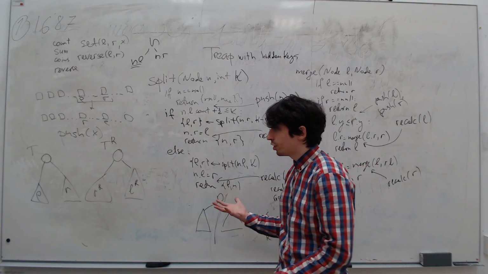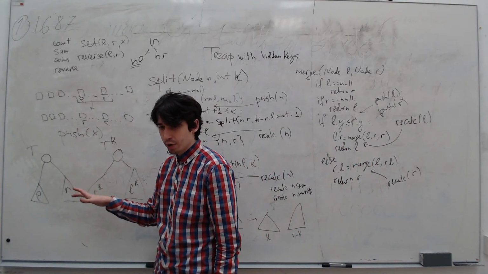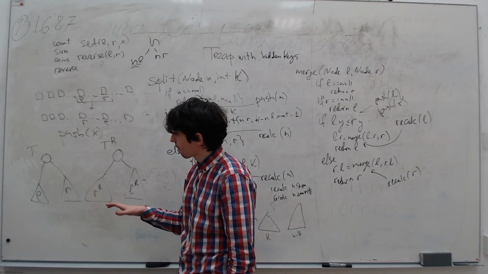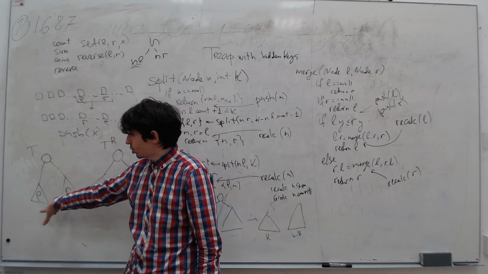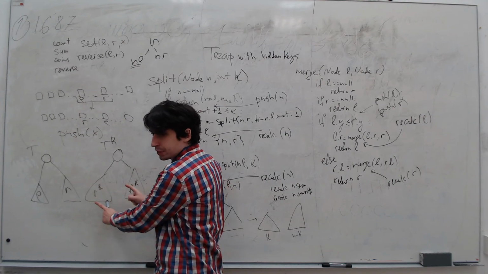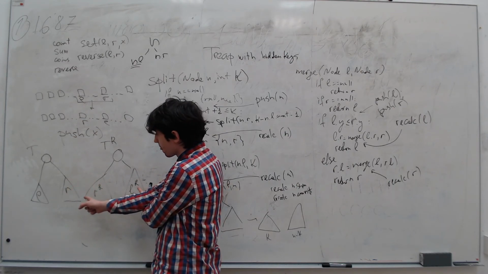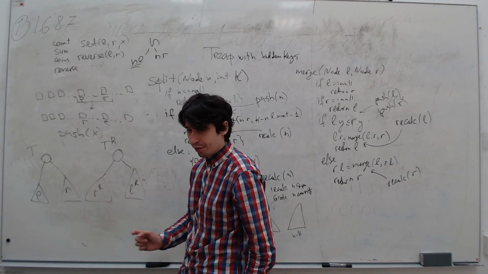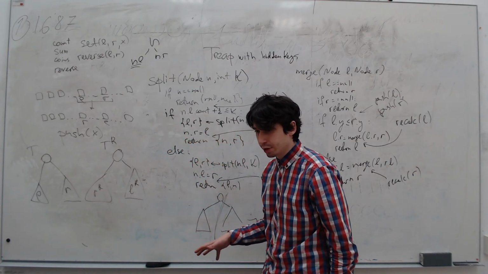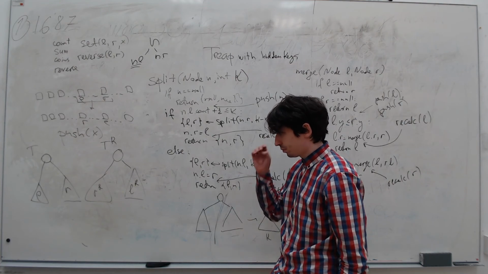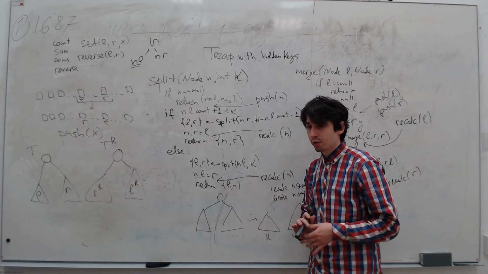So the reverse of the tree is also a recursive operation. We should swap the two children, and we should reverse them recursively. Is it clear why?